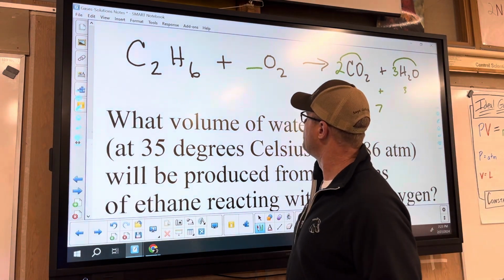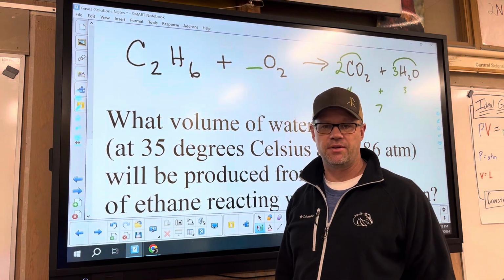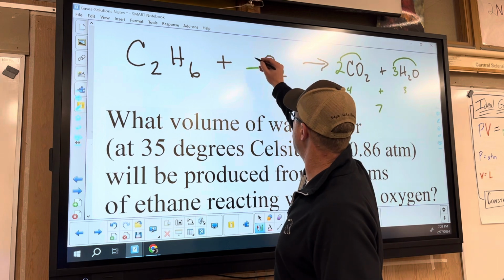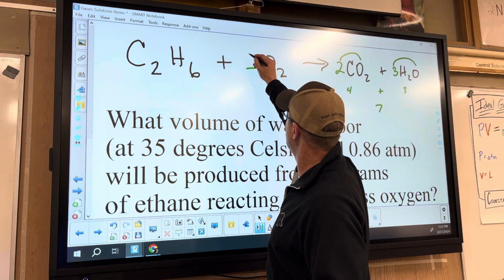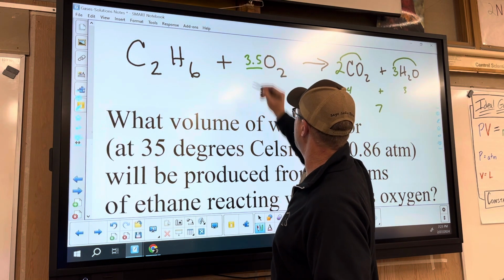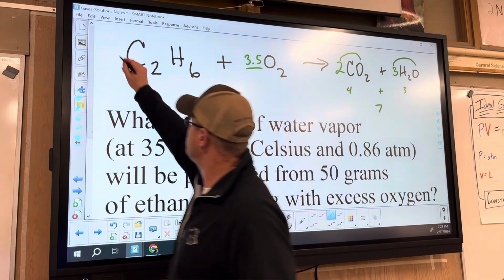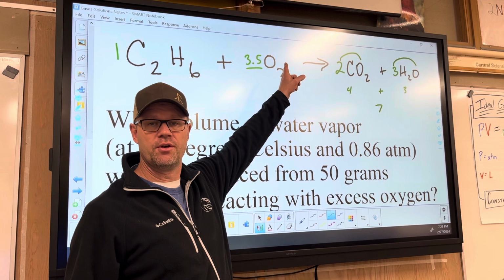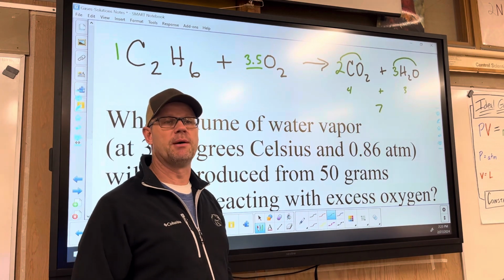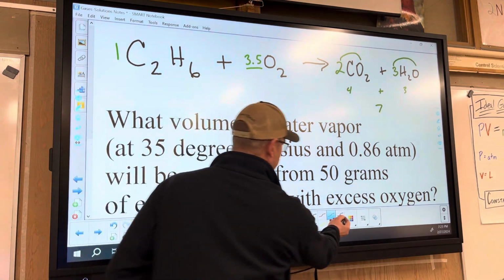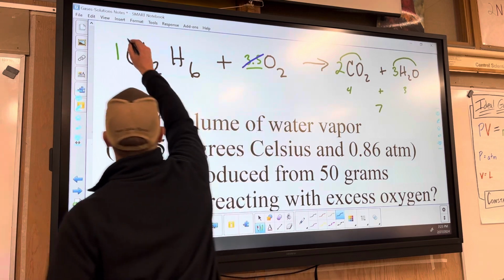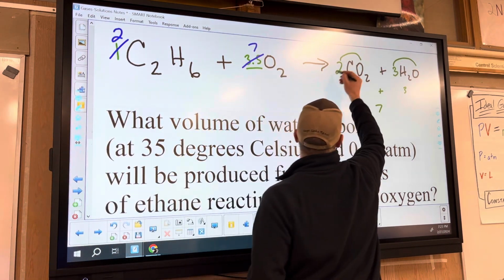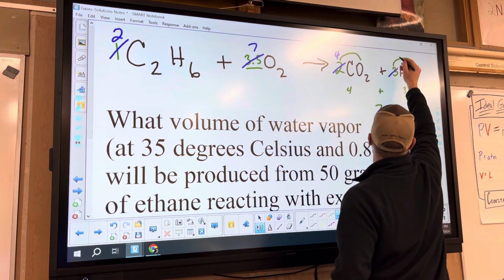I got no whole number I can put here to make it 7. So our little trick around this was always, we basically make this a decimal. If I made that 3.5, and this is a 1, 3.5 times 2 gives me 7. So what I'm going to do is double everything. So this becomes a 2, this becomes a 7, this becomes a 4, and this becomes a 6.